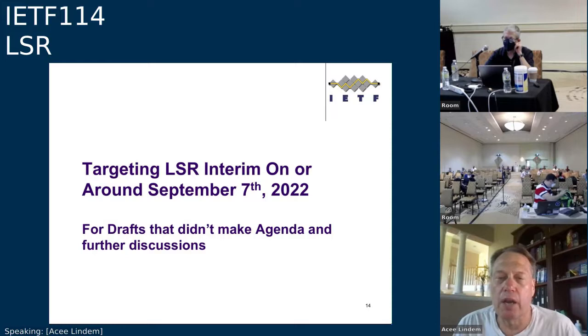So we're not going to have presentations. We're going to try and at least read these drafts, or have presentations on drafts that are definitely unnecessary. Anyway, that's the time we're targeting. Okay, I'm done.